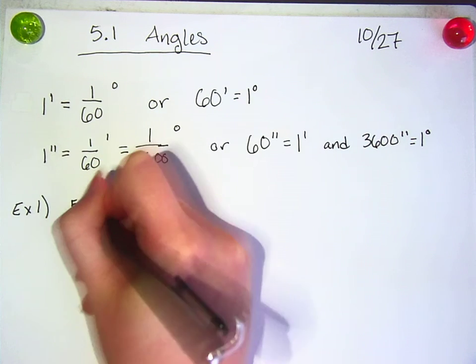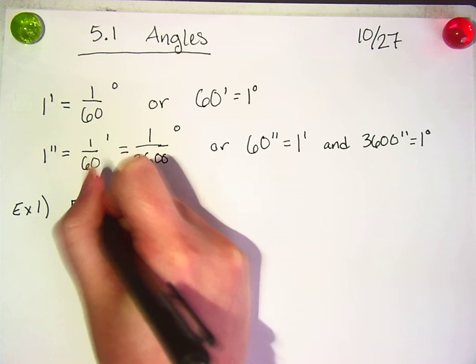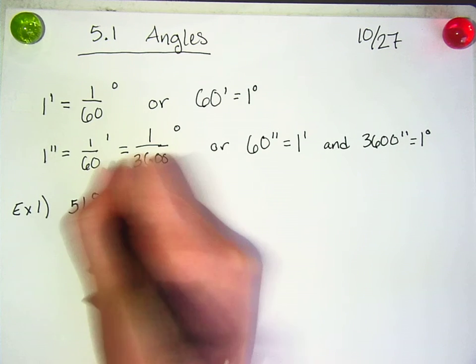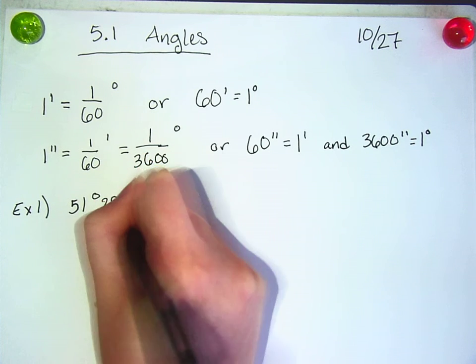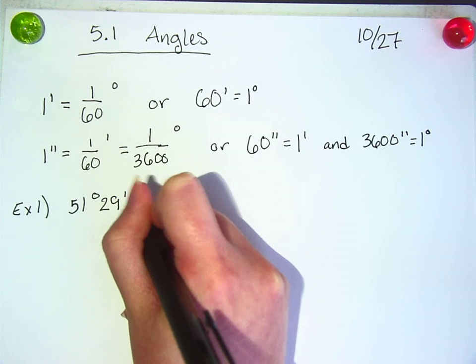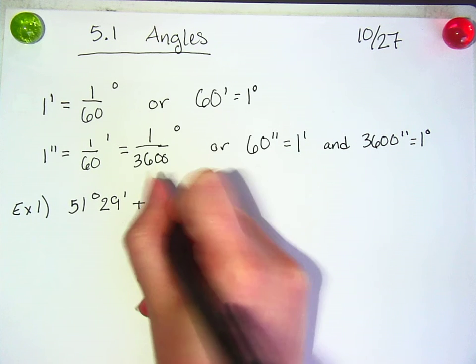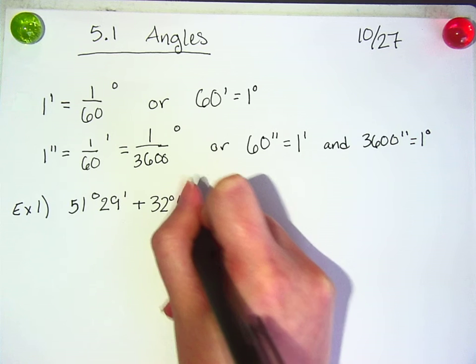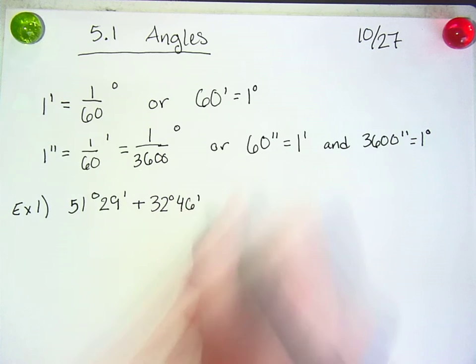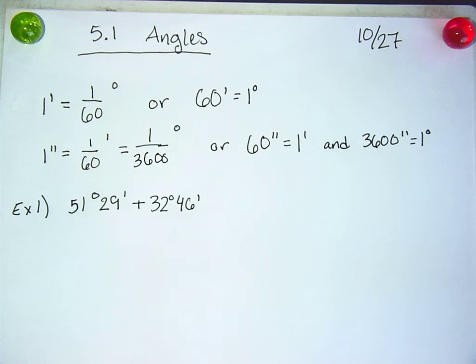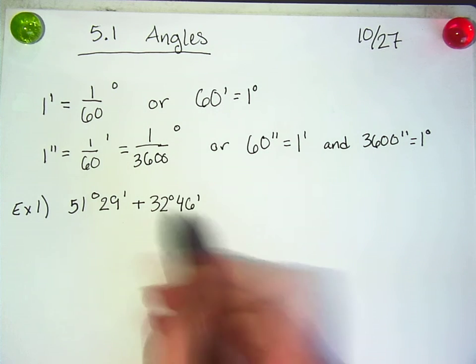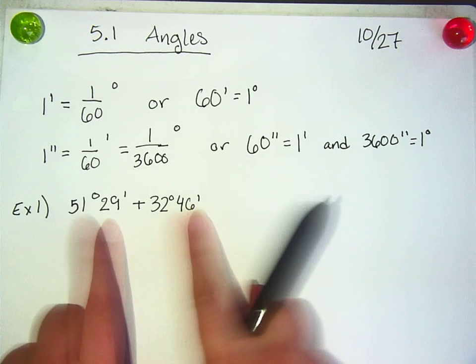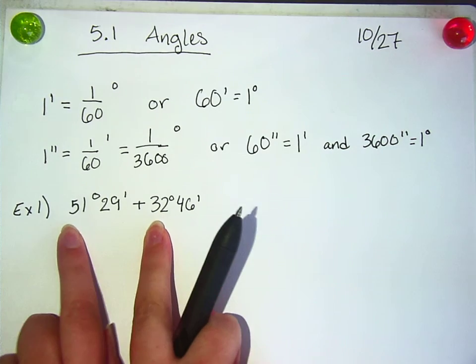So for this one, we have 51 degrees and 29 minutes plus 32 degrees and 46 minutes. When you add them together, you can only add the minutes together and the degrees together.